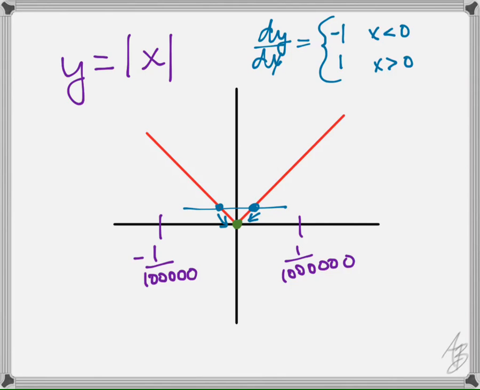And by doing a symmetric difference quotient, your calculator thinks that the slope of the tangent here is going to be 0. But it's not, because it's not going to be tangent to it. It doesn't look like a line. It doesn't look like the line y equals 0. Some calculators do it and some calculators don't.